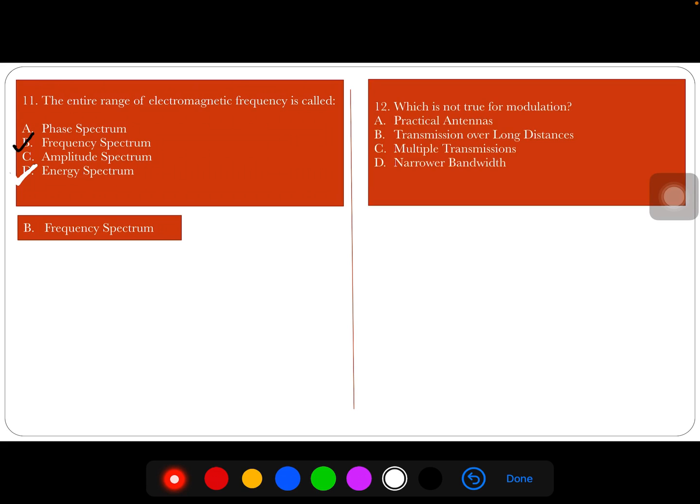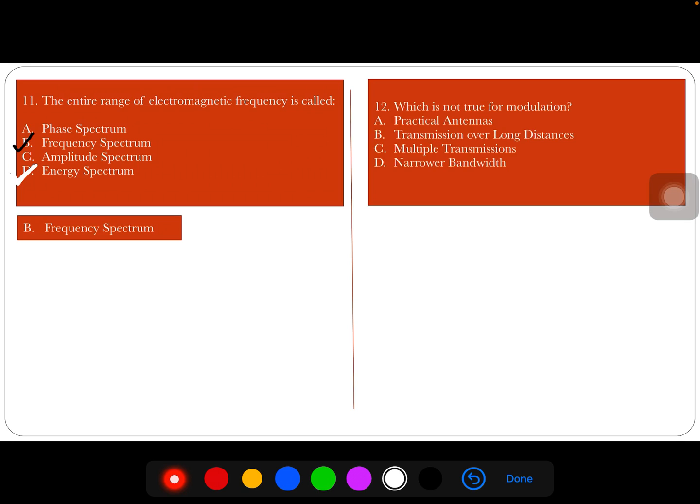Next question, which is not true for modulation? First option is practical antennas, transmission over long distances, multiple transmissions, and narrower bandwidth. If you pay attention to the first three options, that is A, B and C, they all are the needs of modulation. You need modulation for the practical antennas to be deployed.